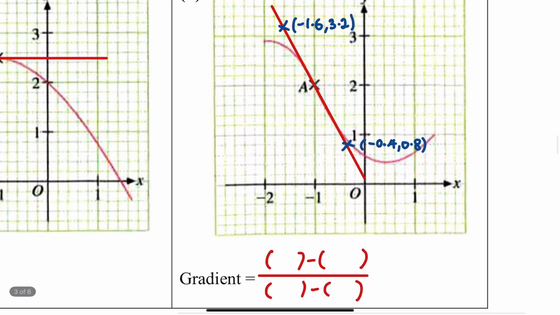Okay, y2 is simply 0.8 minus 3.2 over negative 0.4 minus negative 1.6. Okay, calculate this in your calculator. You should get, let me calculate as well, 0.8 minus 3.2 over, okay, you should get negative 2.